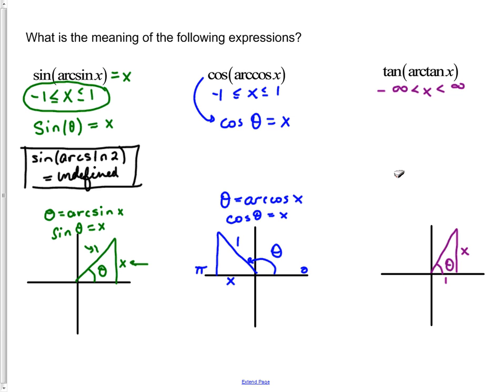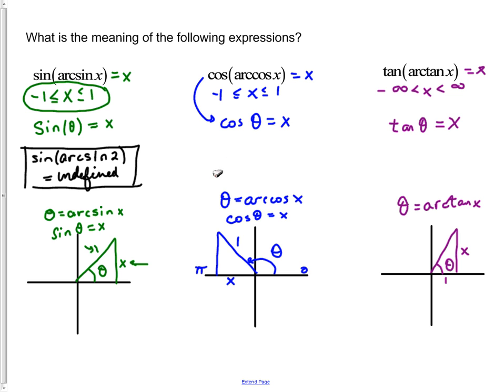So, well, if we say theta is the arctangent of x, then we're taking the tangent of that angle theta, and the ratio of tangent is going to be opposite over adjacent, still x. Right? So this is x. This is x. These are just situations in which we are reducing a function and its inverse.